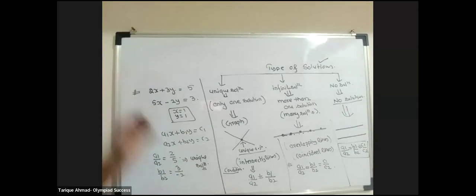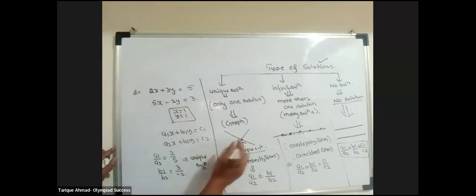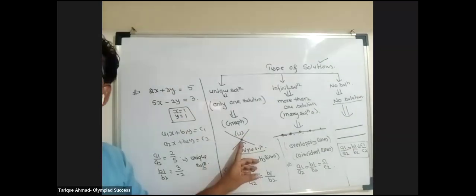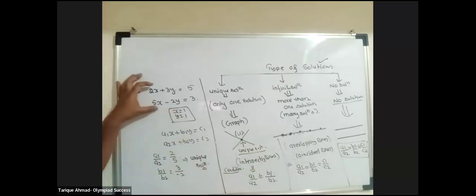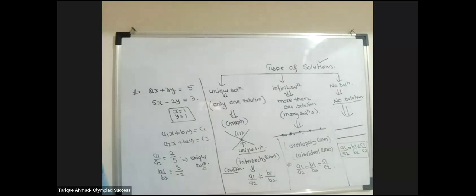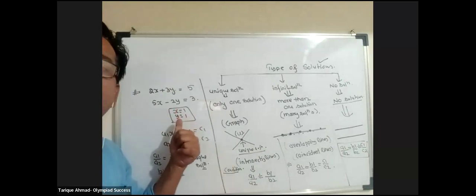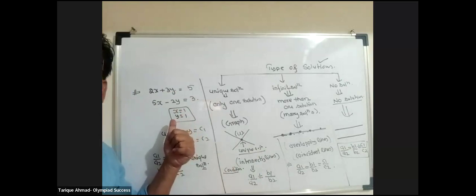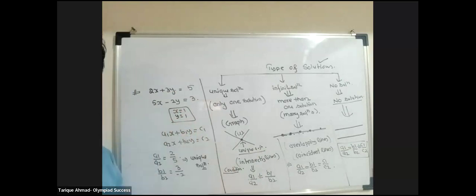So these two lines meet at (1, 1) only. Besides this point, these two lines won't meet anywhere. Got it? This example is clear. Does anyone have any doubt?